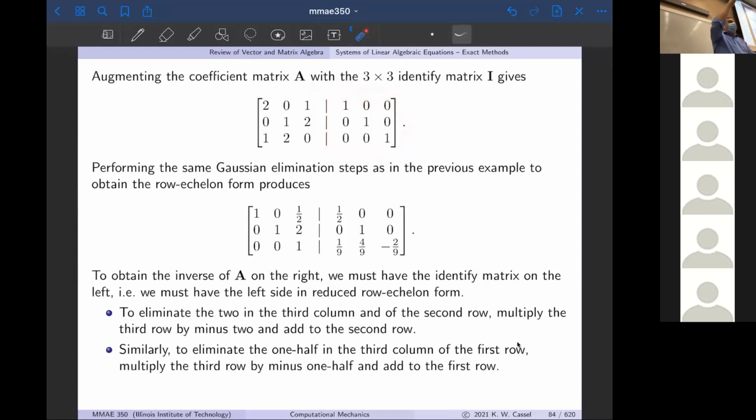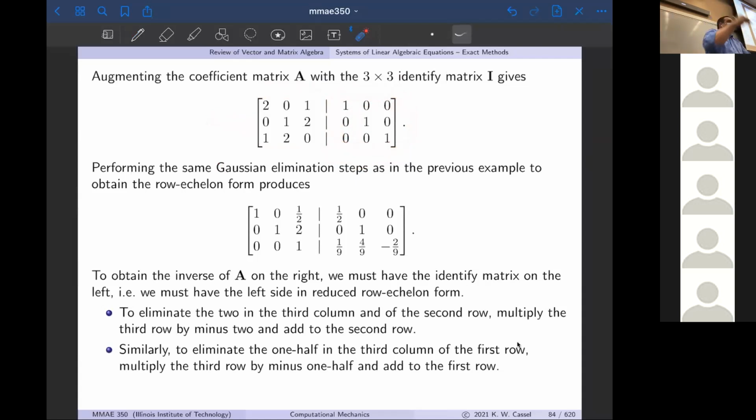You do the same elementary row operations as before. It's just that now, rather than the B coming along for the ride, it's this identity matrix that's coming along for the ride. So whenever you multiply through by some number, you have to make sure you do it on the right as well, all the way through.